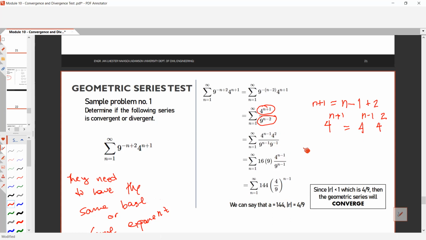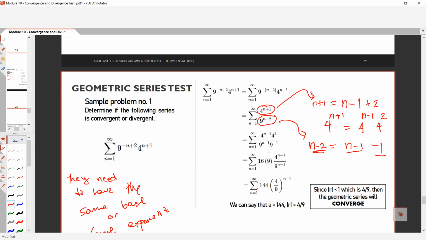So yung n minus 2, what will you do to n minus 2 to be n minus 1? Okay, so magdadagdag ka ng negative 1. So yung n minus 2, gagawin mo siyang n minus 1. So magdadagdag ka ng minus 1.